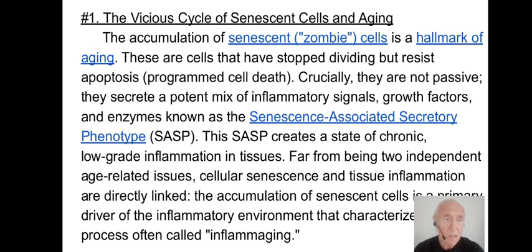This SASP creates a state of chronic low-grade inflammation in tissues, and far from being two independent age-related issues, cell senescence and tissue inflammation are directly linked. The accumulation of senescent cells is a primary driver of the inflammatory environment that characterizes the aging process, often called inflammaging.